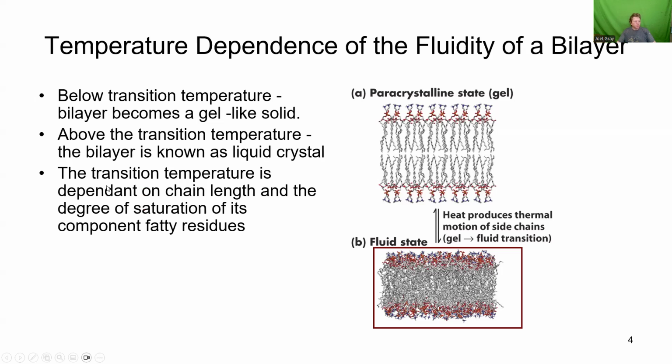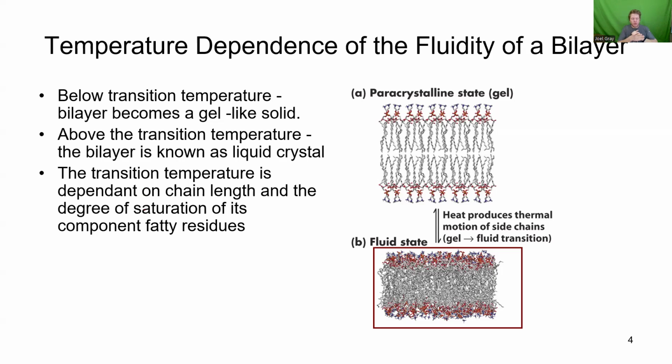Now, the transition temperature is dependent on the chain length and the degree of saturation of the component fatty acid residues. Think about this with respect to what we were talking about a few days ago and the E. coli growth. When E. coli grows at 10 degrees or at 40 degrees, the length of those lipids is going to be influenced by the temperature.